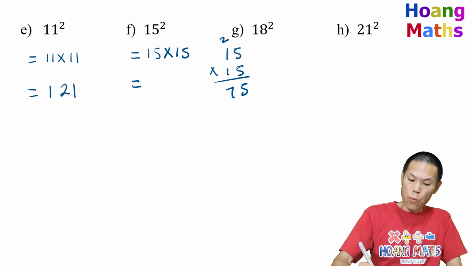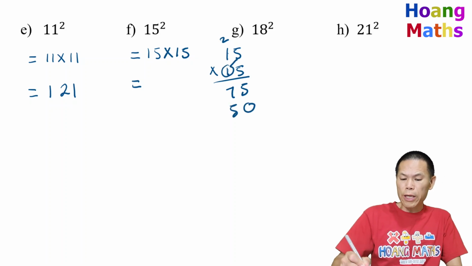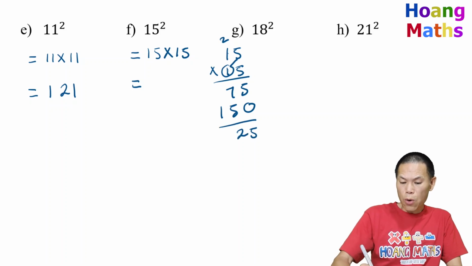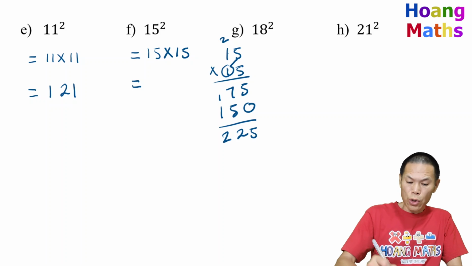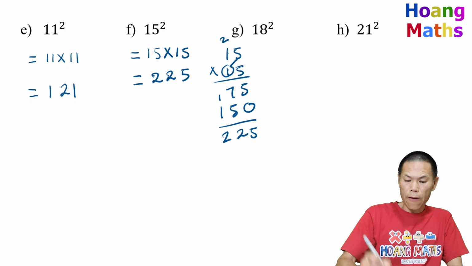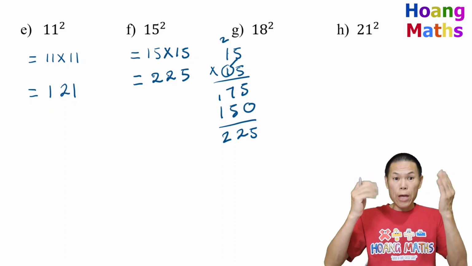And then we start with 1 times 5, which gives me 5. Of course, we put a 0 here. And 1 times 1 is 1. Add them up: 5, 12, carry 1, so 2. So that is equal to 225. There you go.